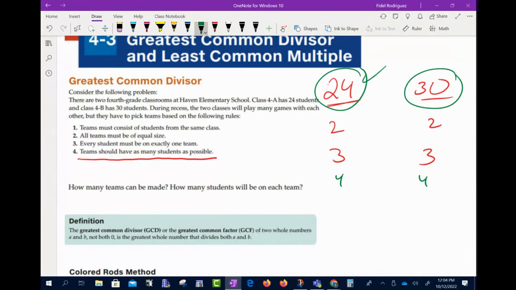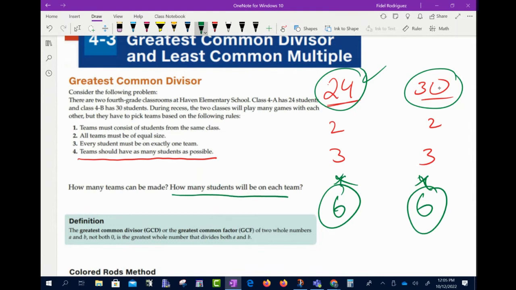Well, it goes into 24, but it doesn't go into 30, right? So I can't use teams of size 4. If I did the same thing with 5, 5 does go into 30, but it doesn't go into 24. So the next one would be 6, right? And so we're going to have teams of 6.